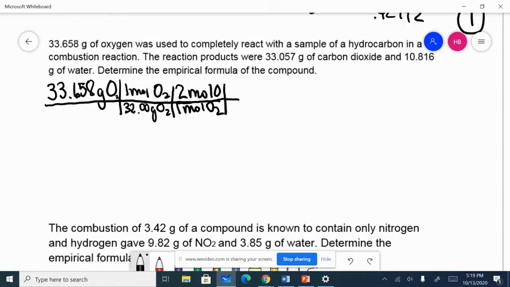You could do it that way, or you could just go straight to, I know that this O2 is all O, so 33.658 grams of it is O, and then you can go straight there if you like.